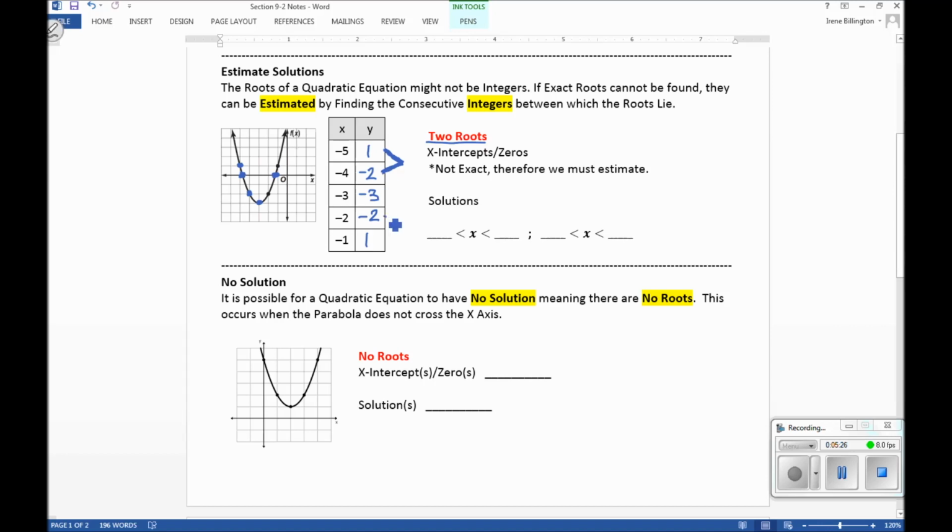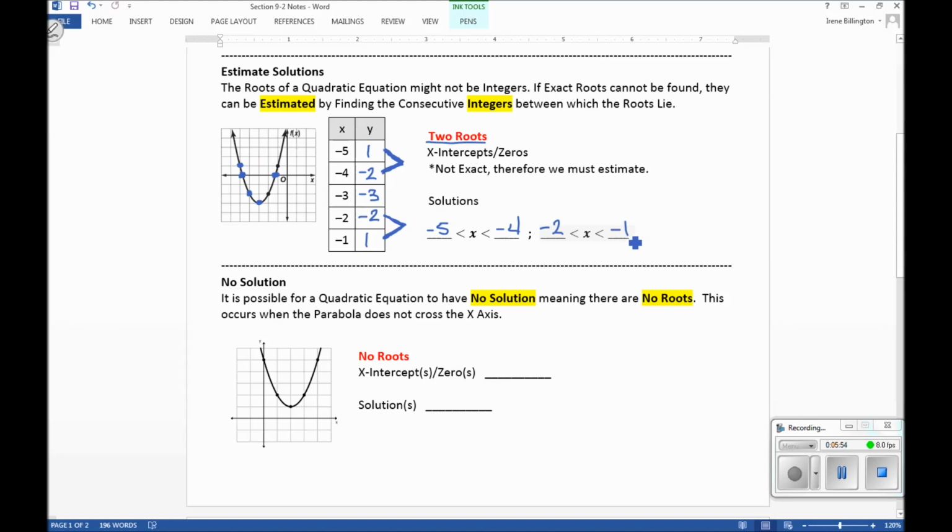And I also notice that it switches from negative to positive when my x value switches from -2 to -1, which means those are the x values between which my solutions lie. So my solutions are x is in between -5 and -4, or x is in between -2 and -1.